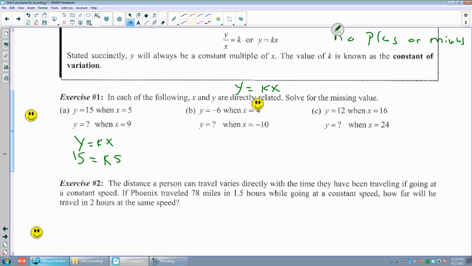Divide by 5, so 3 equals k, and it's always going to be the same for this equation. Now y equals 3 times 9. Y equals 27.